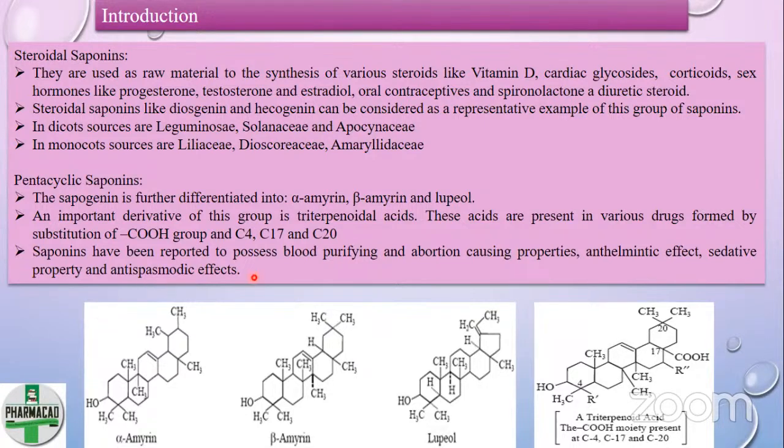So saponins have been reported to possess blood purifying and abortion causing properties, anthelmintic effects, sedative properties, and antispasmodic effects. If you look at the ring, you will have to practice it, then only you will be able to clearly differentiate these rings.